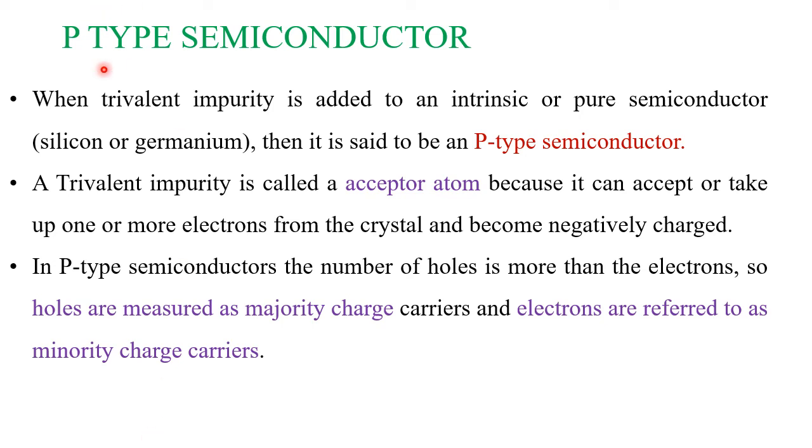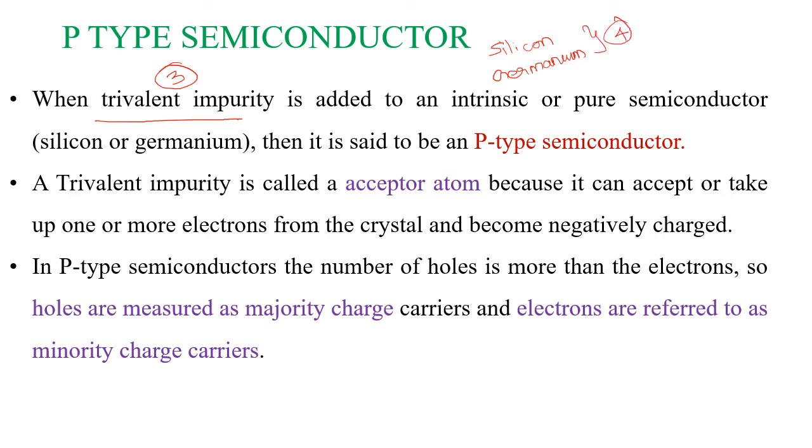So P-type semiconductor. When a trivalent impurity is added to an intrinsic or pure semiconductor, it is called a P-type semiconductor. Why are we adding a trivalent impurity? A trivalent impurity has three valence electrons, whereas silicon and germanium have four valence electrons.